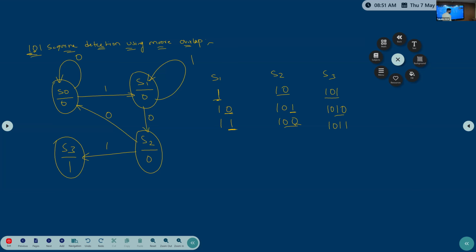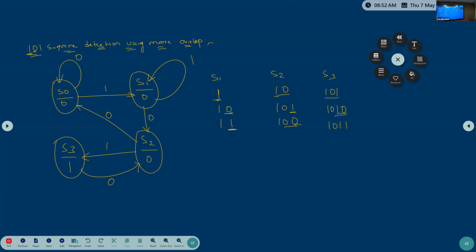No, the last 2 bits you need to compare with the last 2 bits. Yes. So from S3, where do I need to go? When we get 0 after 1 0 1, we need to go to S2. From S3 to S2, when input is 0.